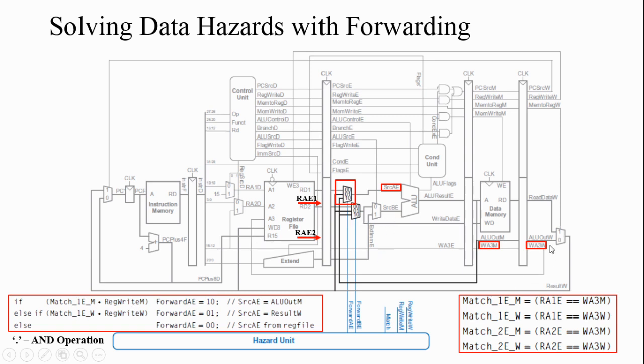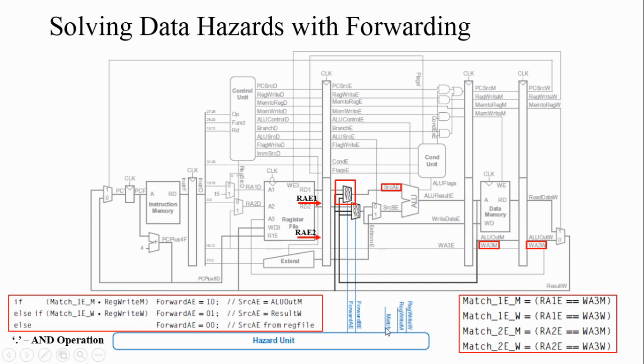Source B will then be selected from the memory stage, or from the write back stage with 2EW and RegWriteW. So the same equation can be utilized for generating inputs for source B, right? The hazard unit will take RegWriteM and RegWriteW as well as the match signals. Based on these signals, it will generate these two forwards, or selection lines.